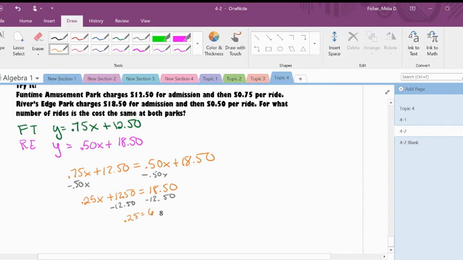Then, don't lose your x, dividing both sides by 0.25, x equals 24. And what does 24 tell us? 24 rides will cost the same at each park.